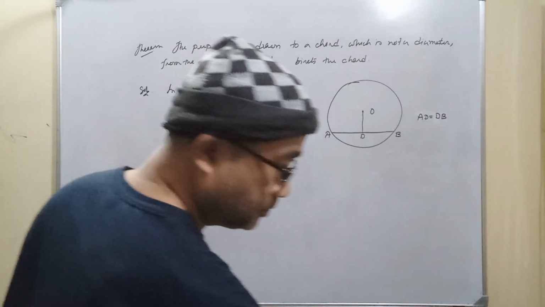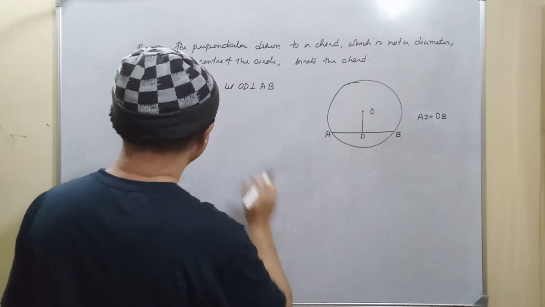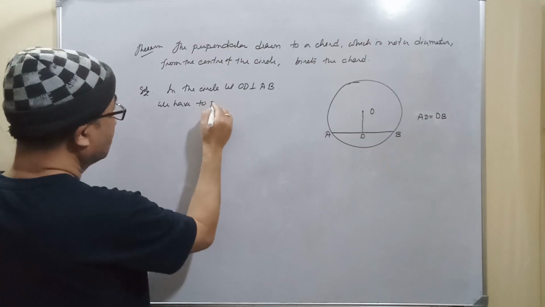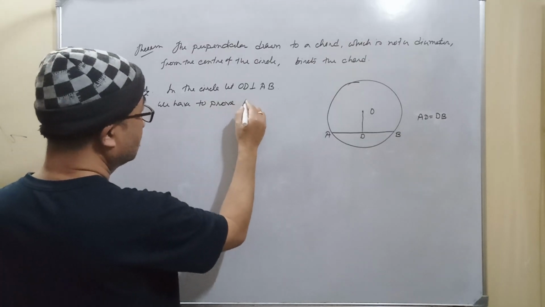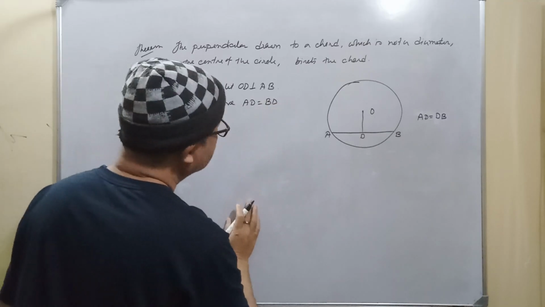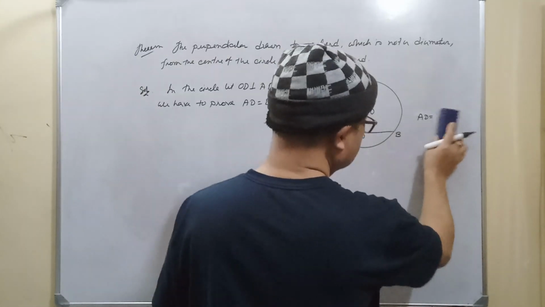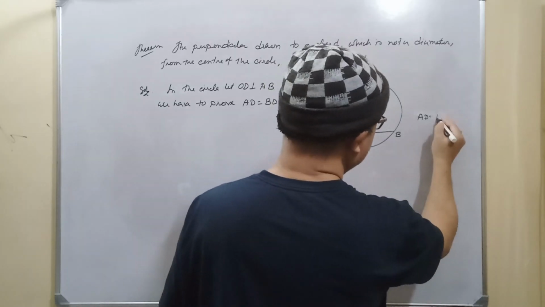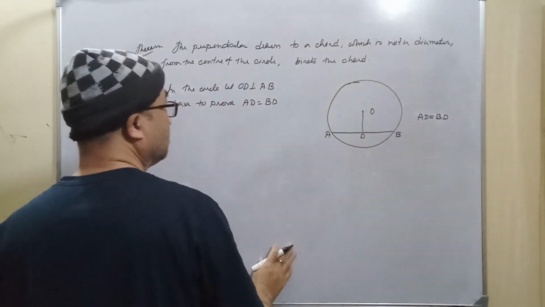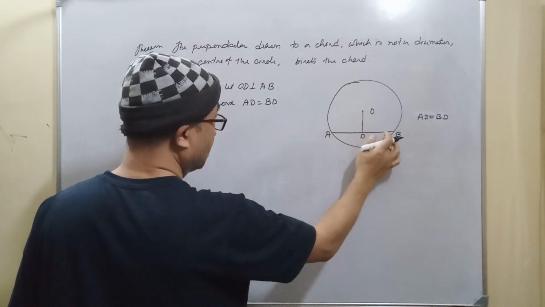So OD is perpendicular on AB. We have to prove AD is equal to BD. Same thing. This is what we have to prove. Okay, this one is equal to this one. Only then it will bisect AB at D.